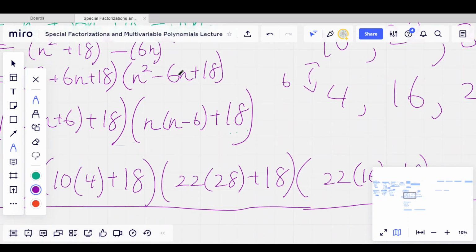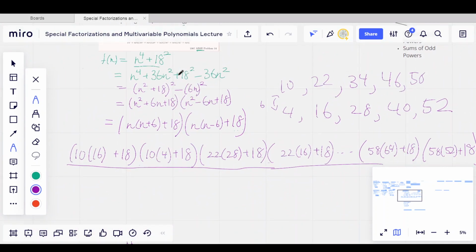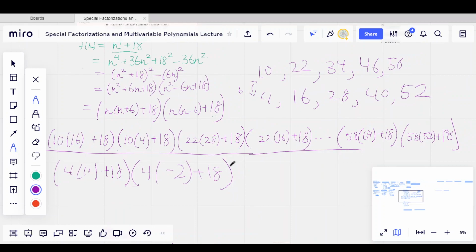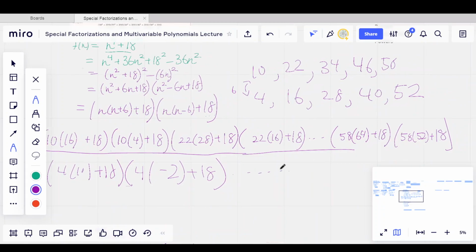So now we just write the denominator. So I'll just write 4 more terms here. So 4 times 10 plus 18, and then 4 times, let me see, okay, negative 2 plus 18, times dot dot dot.